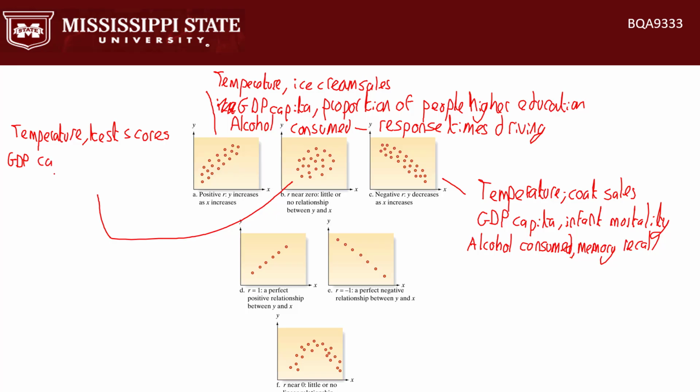And then maybe GDP per capita. You've got to be a little bit careful here because culturally different regions probably have different GDPs, and it's hard to find something that's not really correlated with GDP per capita. Let me just think.